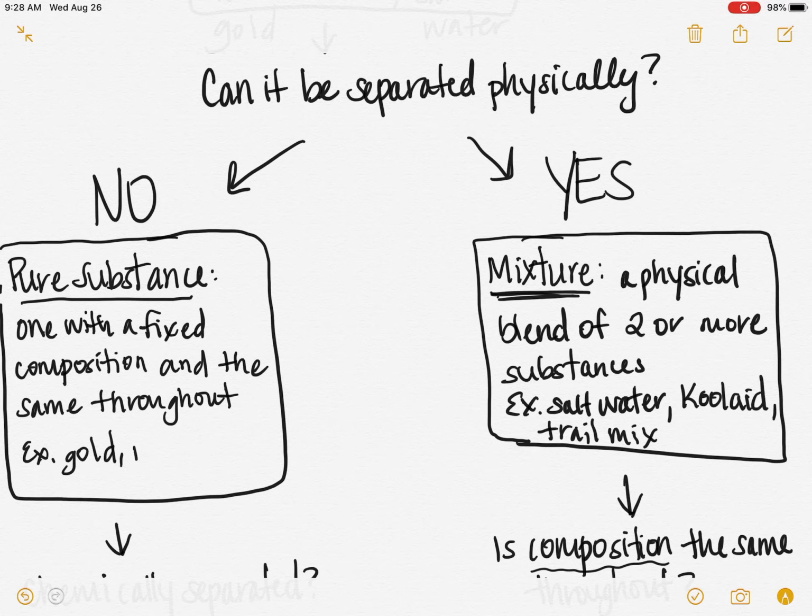So we said gold was an example. I'm going to go ahead and put another example in here because I want to talk about this. All right, so gold has a fixed composition. That means gold is always made the same, and it's the same throughout, meaning it is homogeneous. Now notice I didn't say homogeneous mixture, because see, something can be homogeneous but not be a mixture, so that can be a little bit confusing.